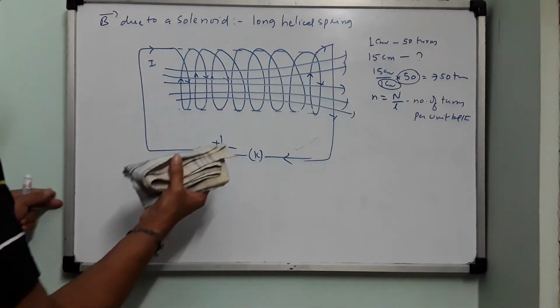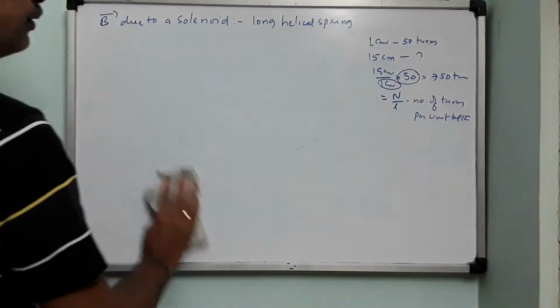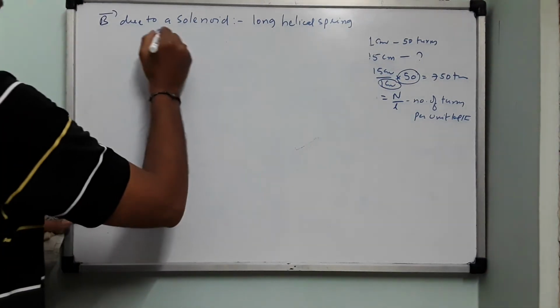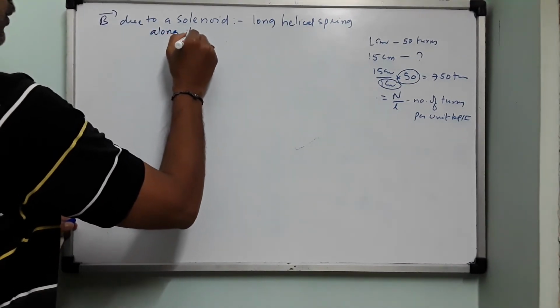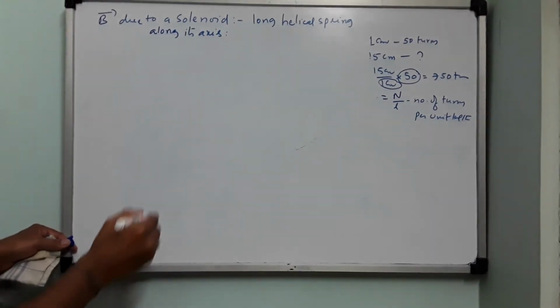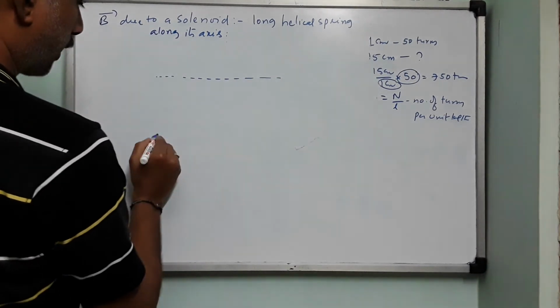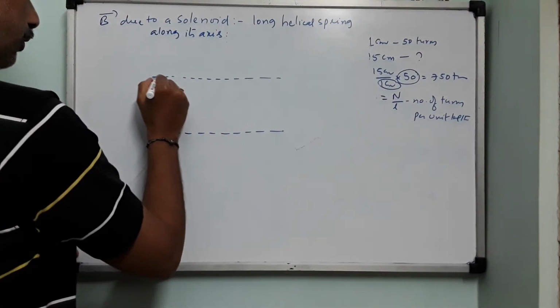To simplify this, I redraw the diagram of the solenoid along its axis. These borders will help me to draw the diagram perfectly, otherwise there is no need if you can manage.